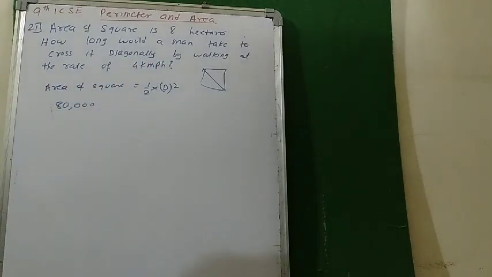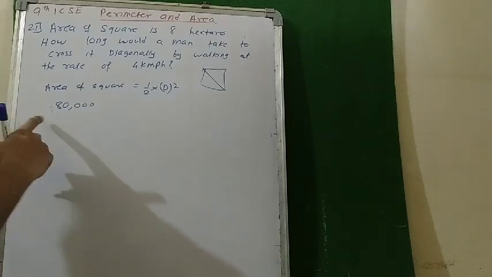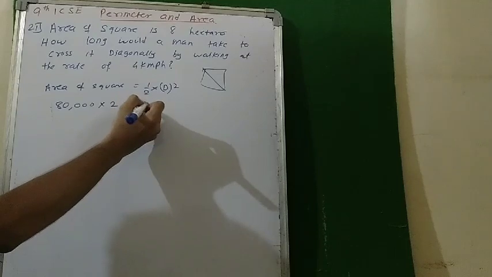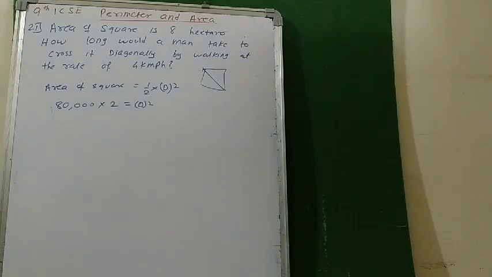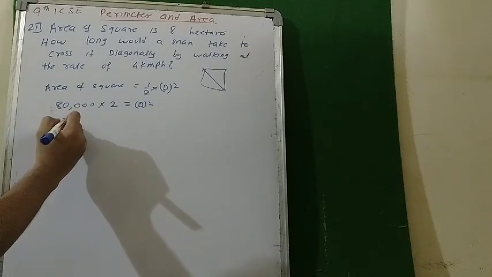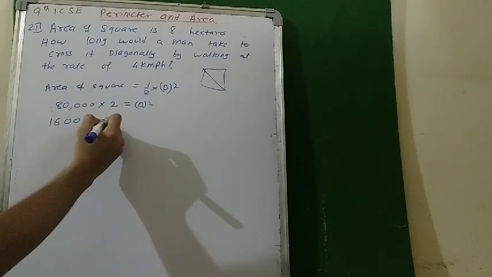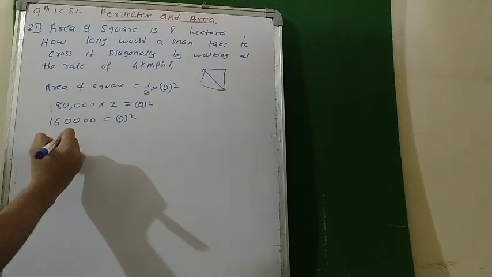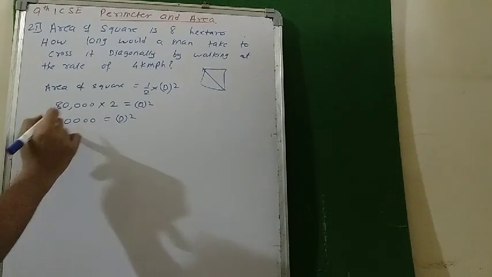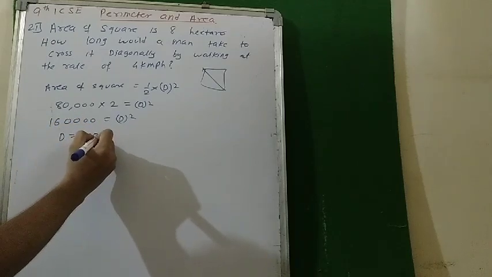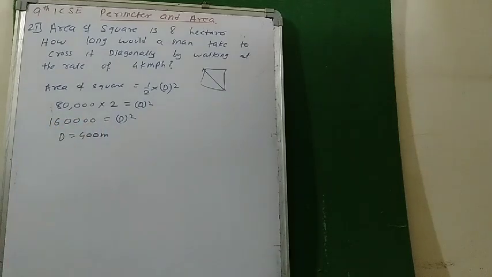Multiply by 2, that is equal to diagonal square. 8 twos are 16, taking these 4 zeros, is equal to diagonal square. So the diagonal will be the square root of 16 is 4, and 10,000 is 100, so the diagonal is 400 meters.